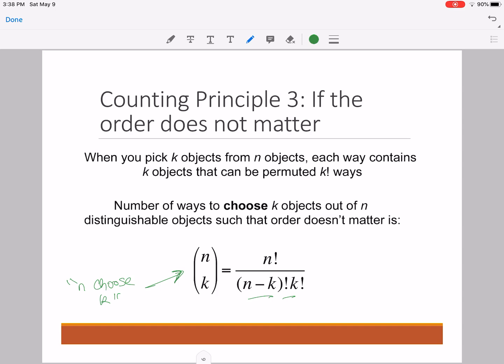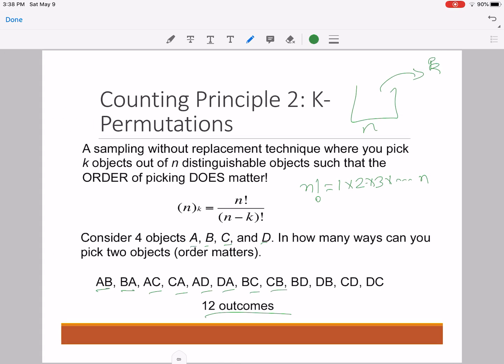Now notice here the similarity with the permutation formula. Now n choose k is actually n permute k, or n pick k from my counting principle number 2, and I have k factorial in addition in the denominator. The reason why I have k factorial here is because the k objects that I'm picking can be permuted in k factorial ways, and each of those permutations mean the same thing. For example, A and B can be permuted in 2 ways, AB and BA.